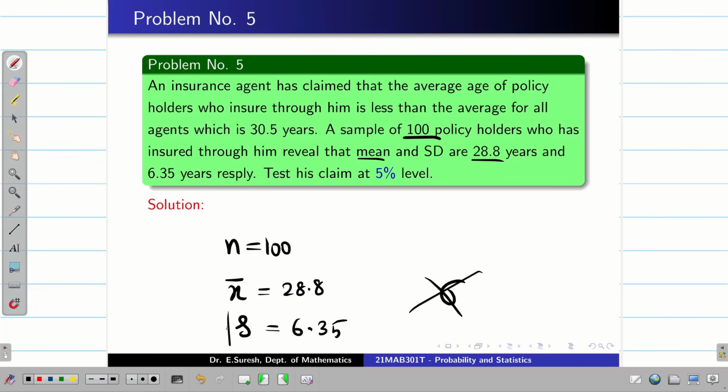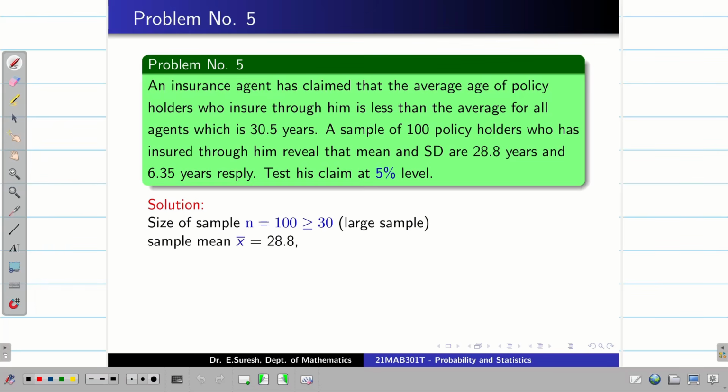Instead of sigma, small s is given. So we have to rewrite the formula according to the given information. N is given and x bar is given, and then it clearly says that the average for all agents is 30.5 years. So the average age of all the people insuring through the agents is 30.5.